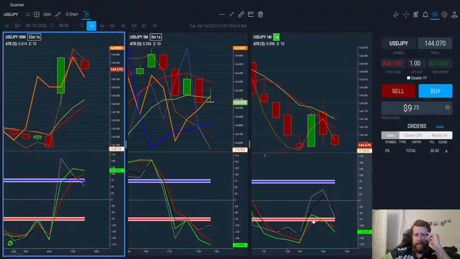Okay, bit of a gray dagger. We did close underneath here, so I think there's a good chance we retrace back to pressure. And this is rounding over, and we are in bear territory on the 5-minute as well.